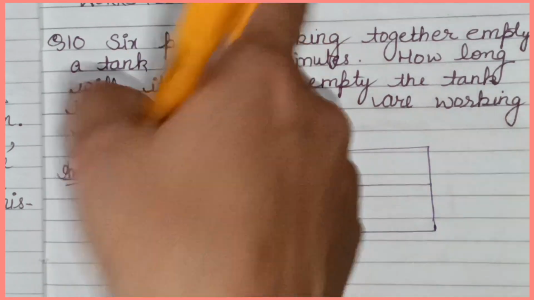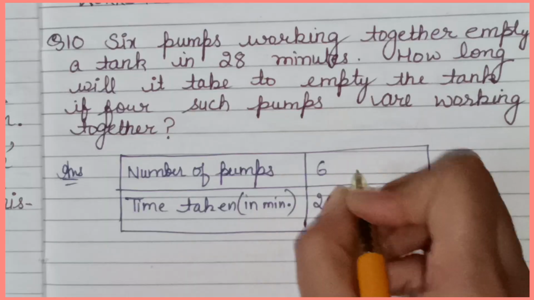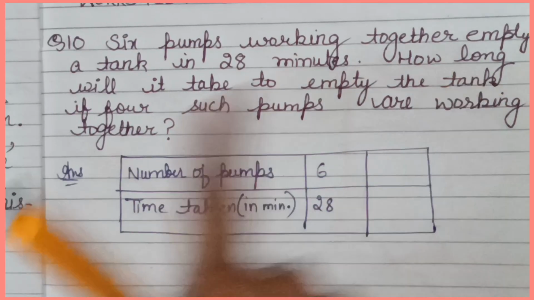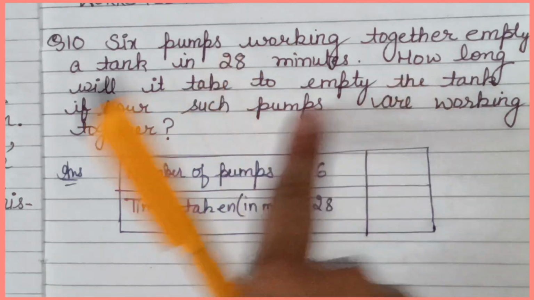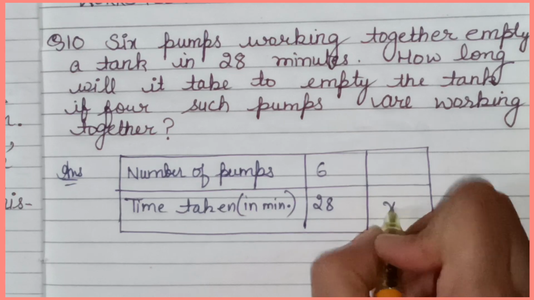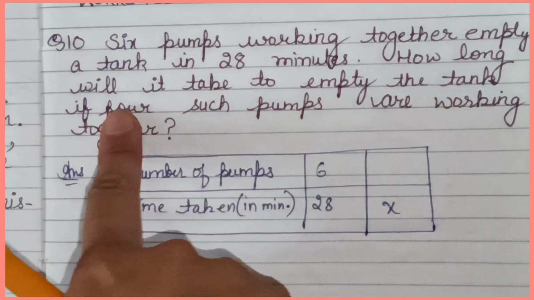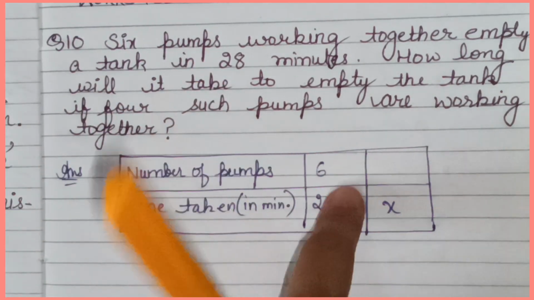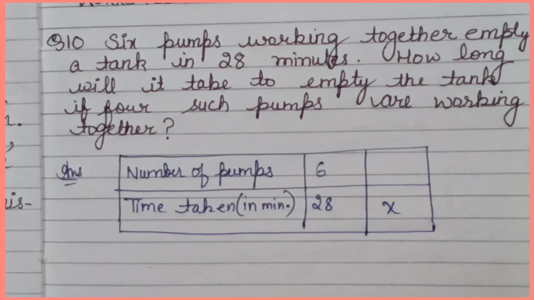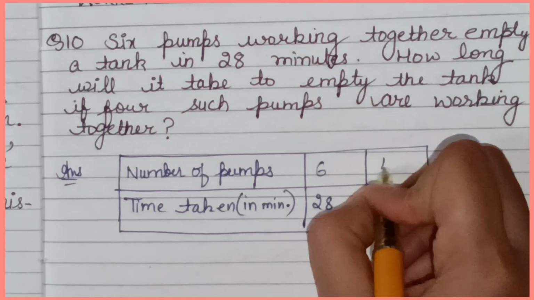They take 28 minutes. I write 28 here. Now we have to find the time. I write x, and the number of pumps is 4. When 4 pumps are working together, we have to find the time taken by these 4 pumps to empty the tank. So I write 4 here.